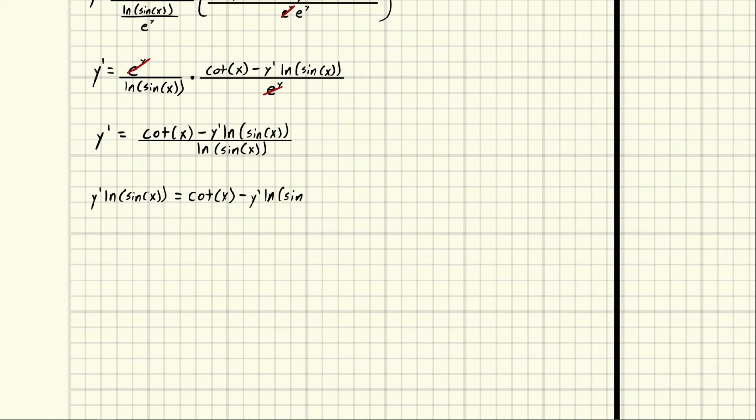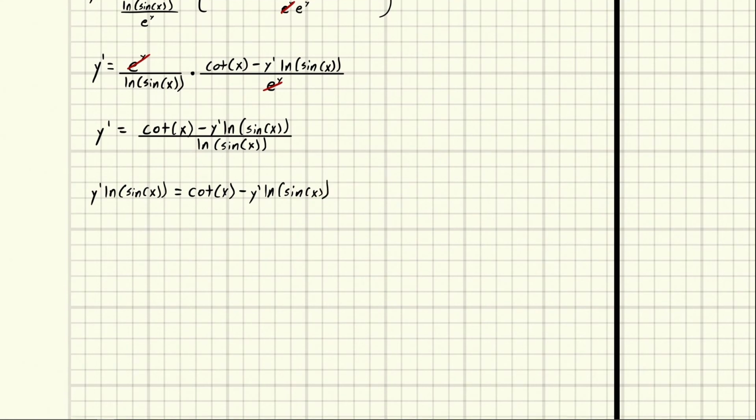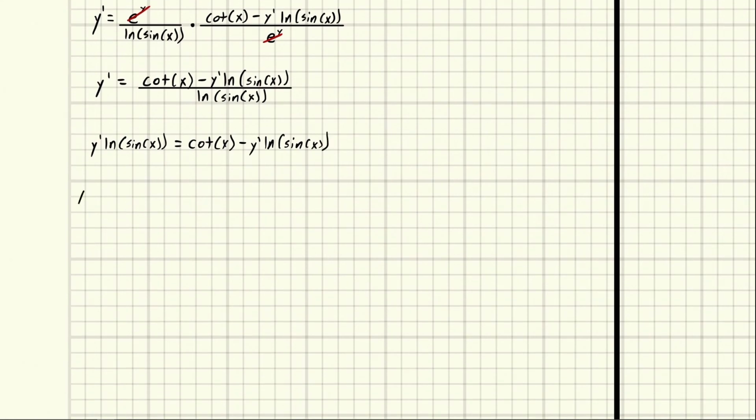Now that there's no denominator, we can add this to the other side. So we get y prime natural log sine x plus y prime natural log sine x is equal to cotangent x.